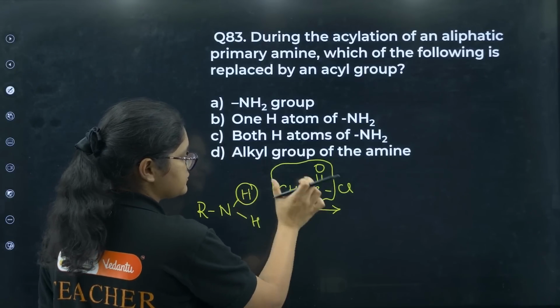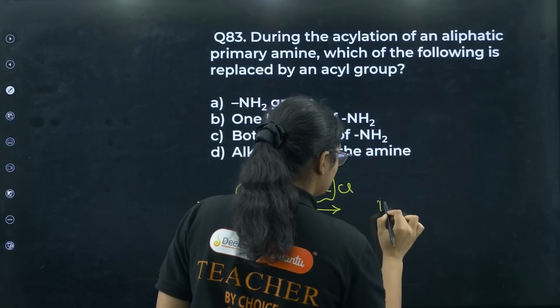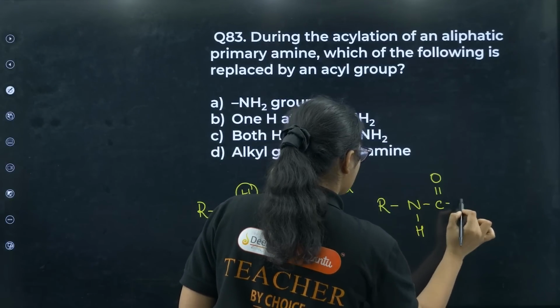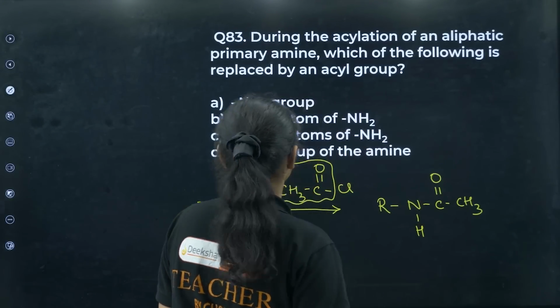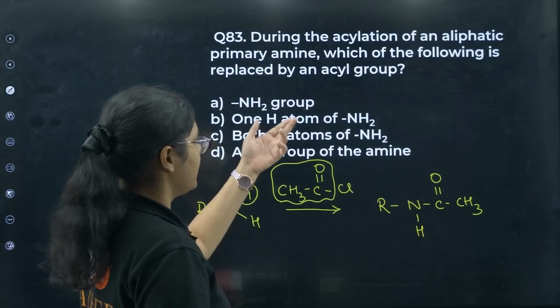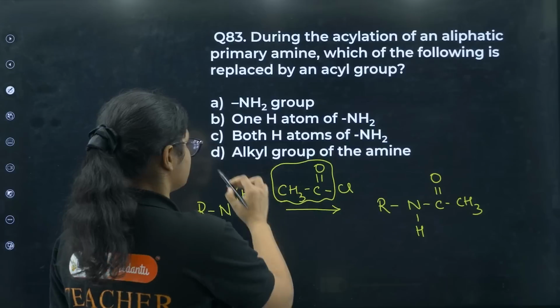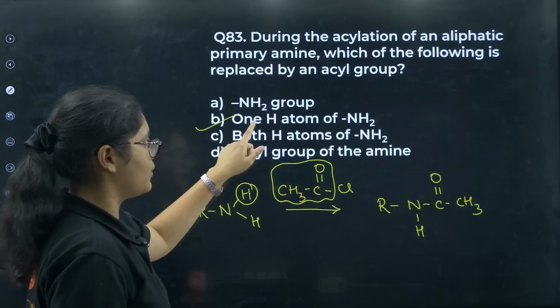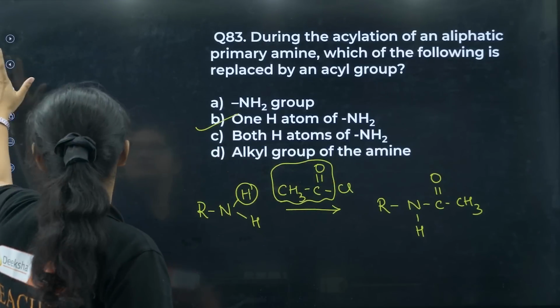So what will I get? RNHCOCH3. So one H atom of the NH2 group is replaced, that is the correct one, option number B. Both H atoms, no, only one hydrogen atom is replaced.